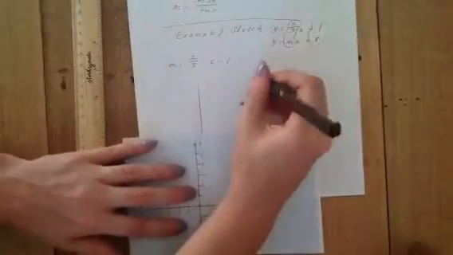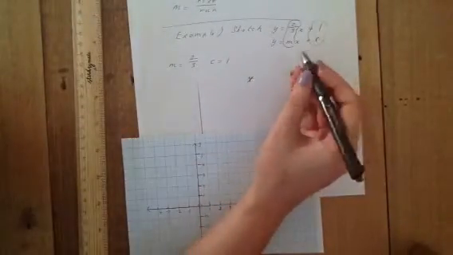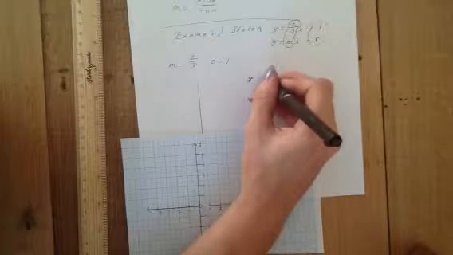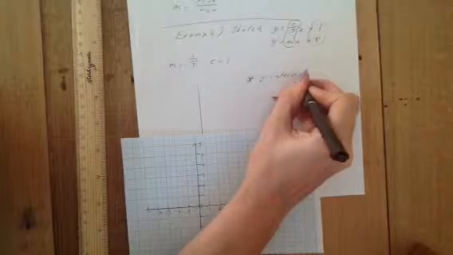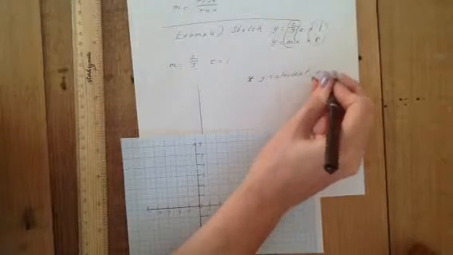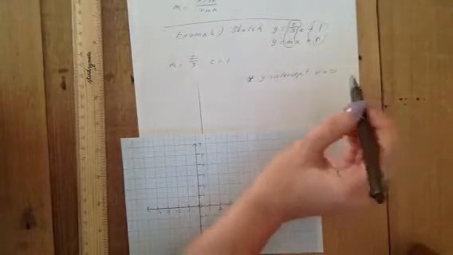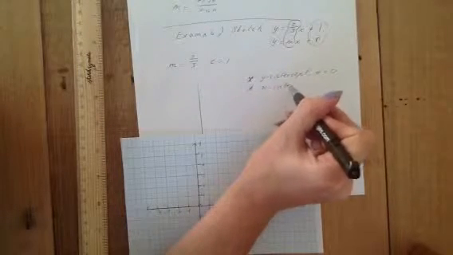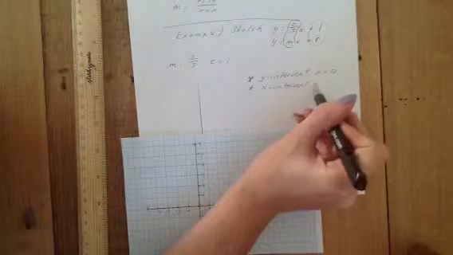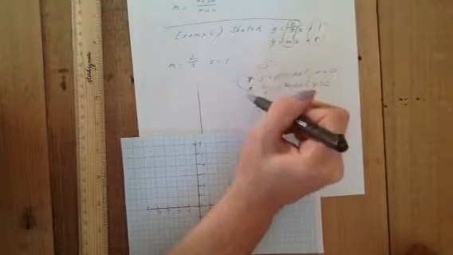So before we keep going, I'm going to write that here, and you can remember that too. When we're finding the y-intercept, x is always 0. Always. And similarly, when we're finding the x-intercept, y is always 0. That's something we have to remember.